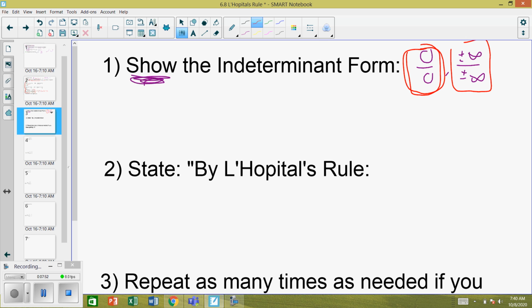You have to explain it as the limit of the top and bottom separately. You have to say the limit as x approaches a of f of x, for example, equals 0, and then for the bottom of the function, which we'll call g of x, you have to say that it also equals 0. You have to show the limits separately.